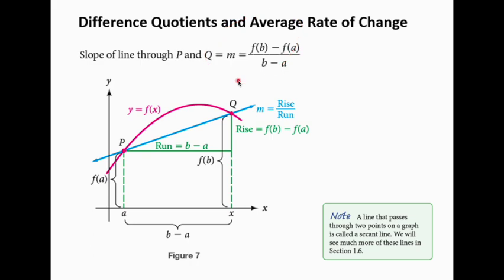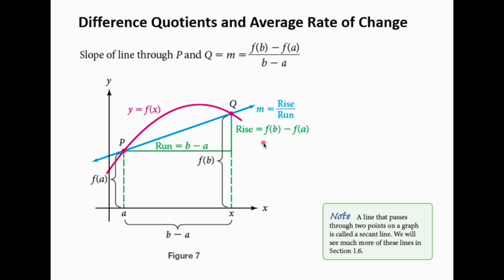Now, this expression here is called the difference quotient. Is it any different from how we calculate slope or rate of change? Absolutely not. You're taking the difference in your dependent variable and dividing by the difference of your independent variable. We're just going to look at it in a more generic fashion. So we have this curve right here, listed as f of x.